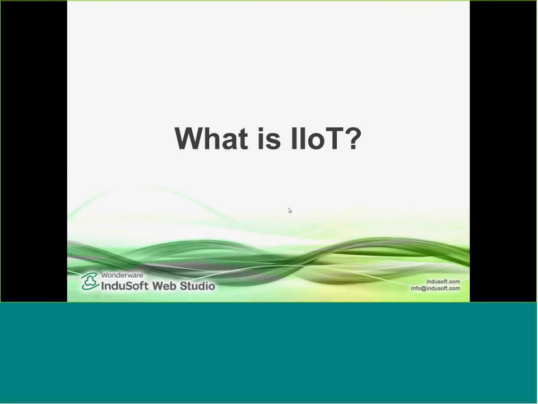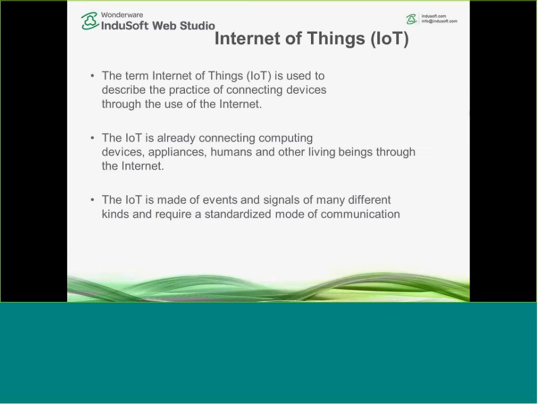So a little bit of definition of what is the Internet or Industrial Internet of Things, and more simply, what is IoT or Internet of Things? And we'll talk a little bit about that here. So the commercial kind of definition of the Internet of Things is to describe the practice of connecting devices through the use of the internet, typically up to a cloud-based server where you're collecting information and then being able to do something about it.